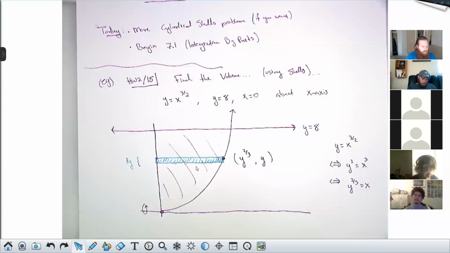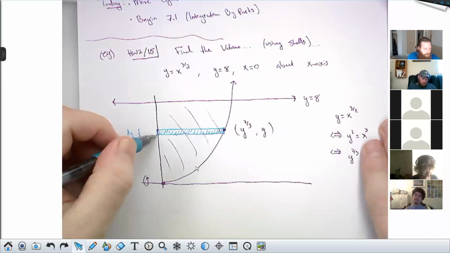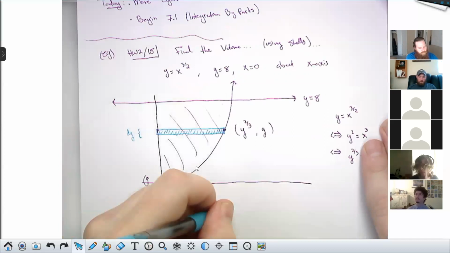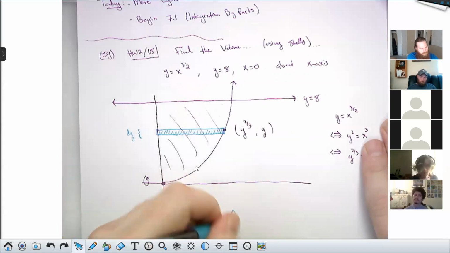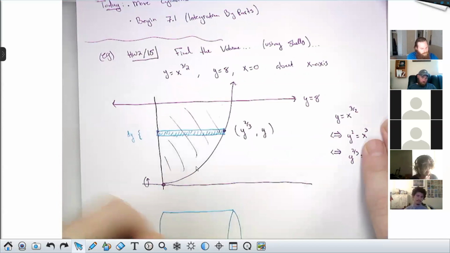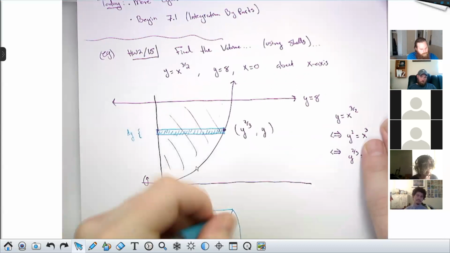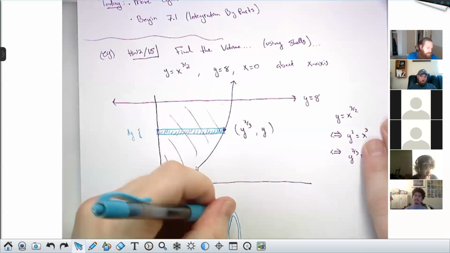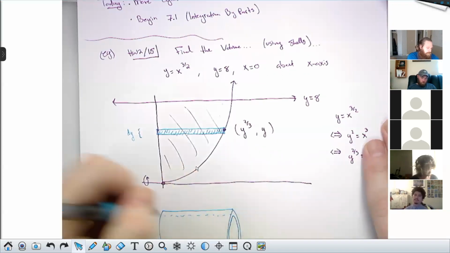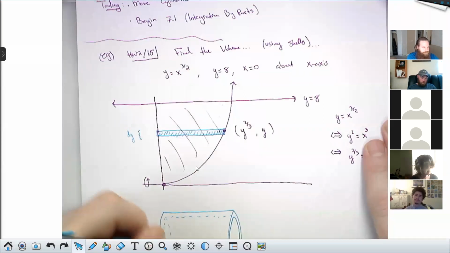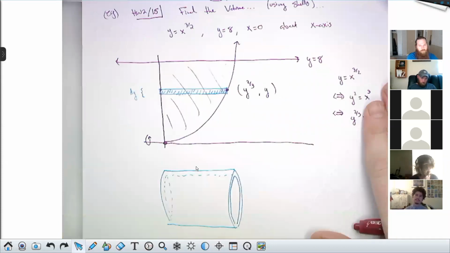Now, if I rotate just that strip about the axis of rotation here, I'll generate a little cylindrical shell. Looking something like this.